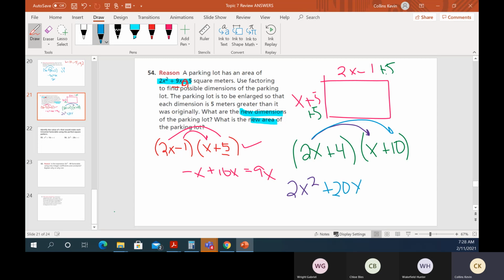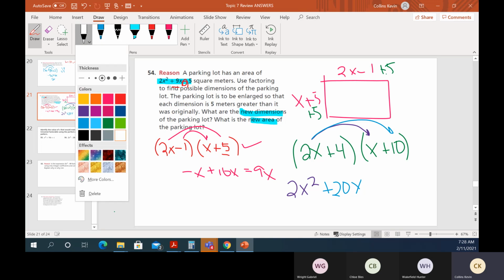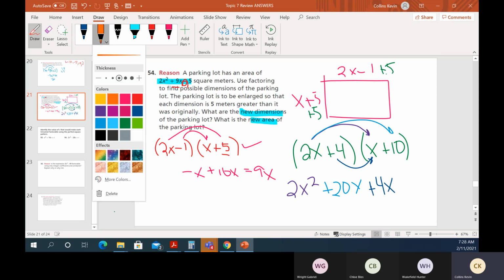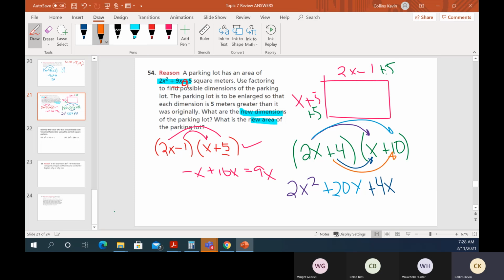All right, we'll move on to the 4. So this guy is going to be 4 times x. So that'll be plus 4x. And then we finally move on to the last guy here. And that's 4 times 10, so it's just going to be 40.